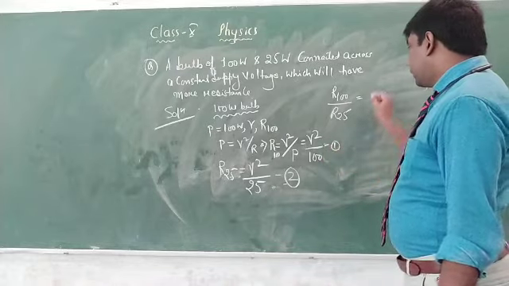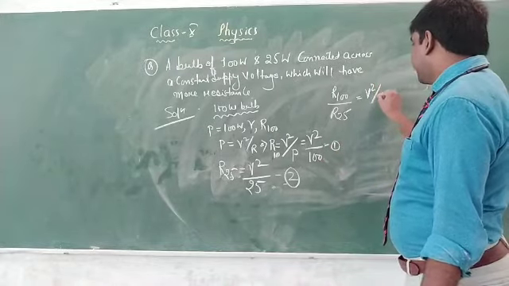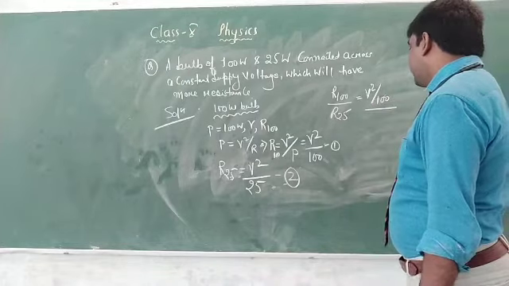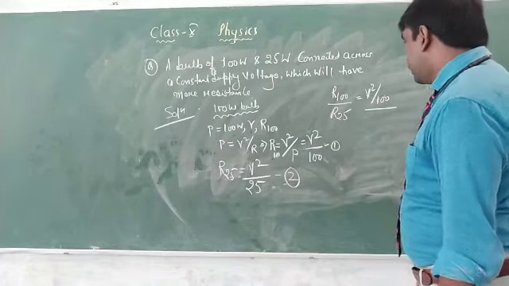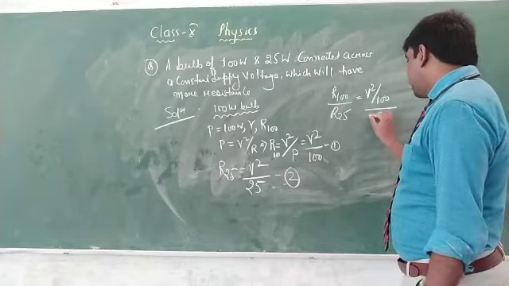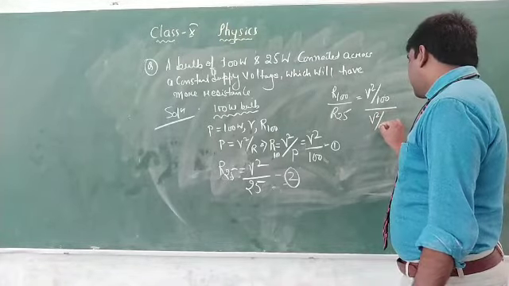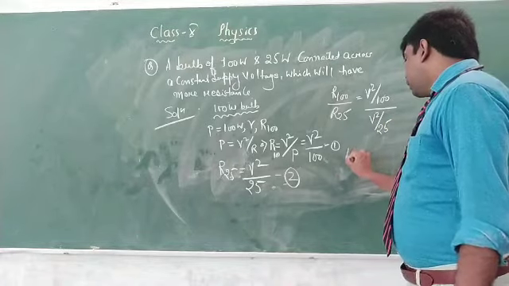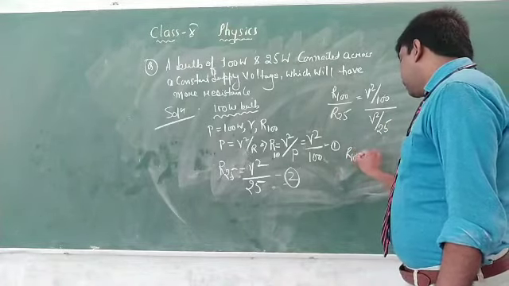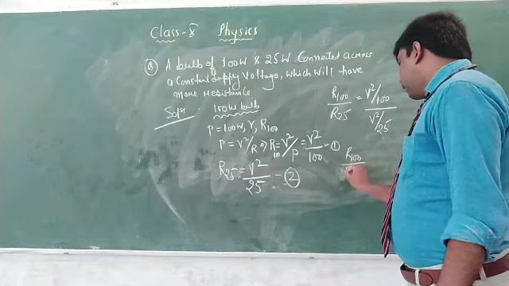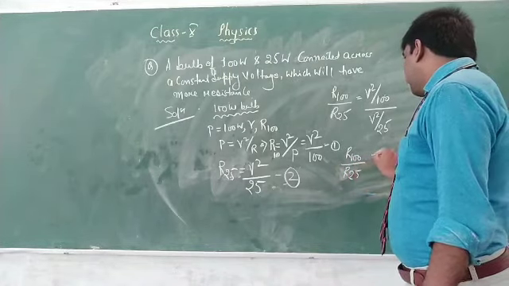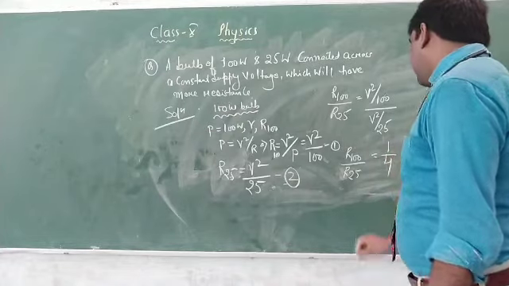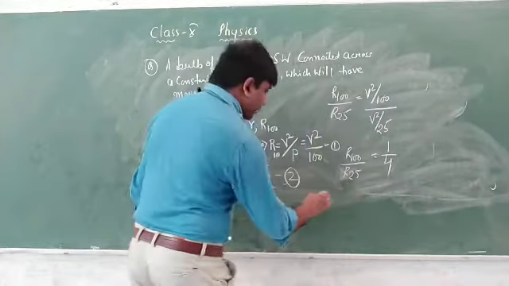Here it can be written as V square by 100 divided by V square by 25, it will be 1 by 4.